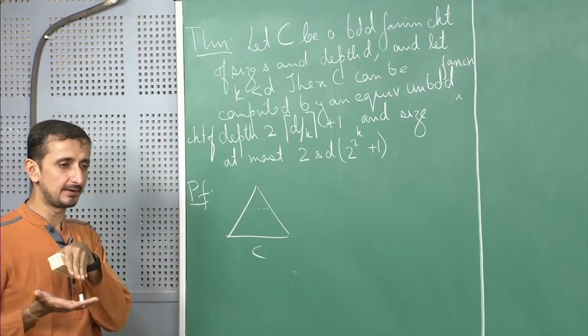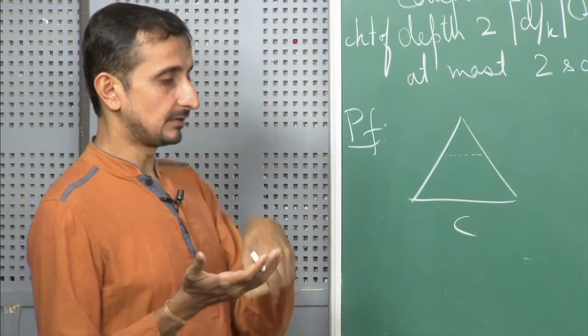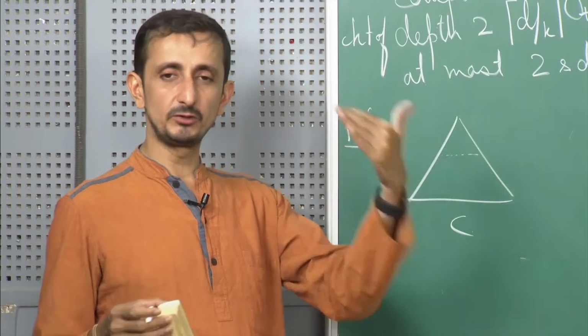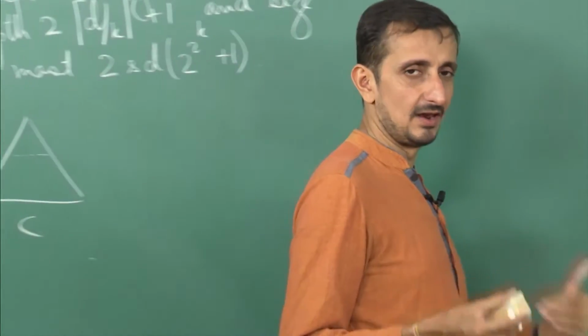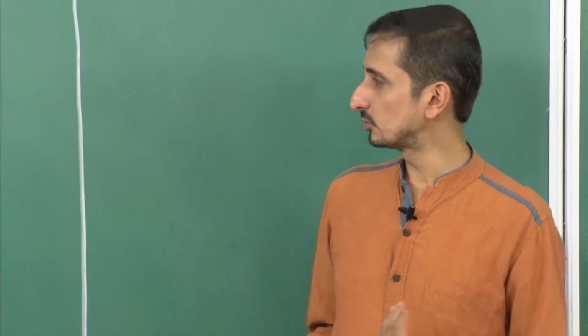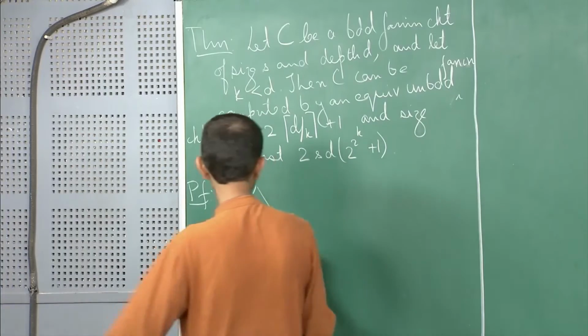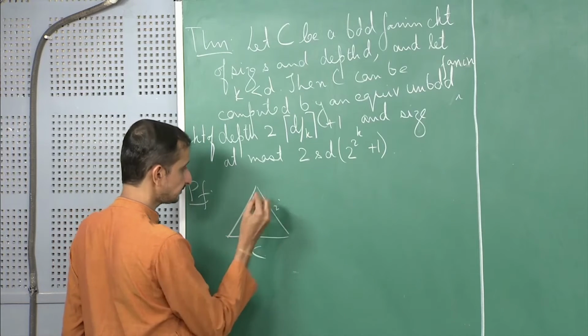By layered, what we mean is that every edge of the circuit goes from one level to another. So I can partition the gates into layers or levels, and every edge goes from a level i to i plus 1.